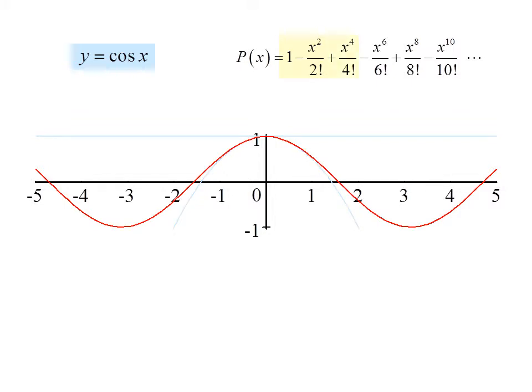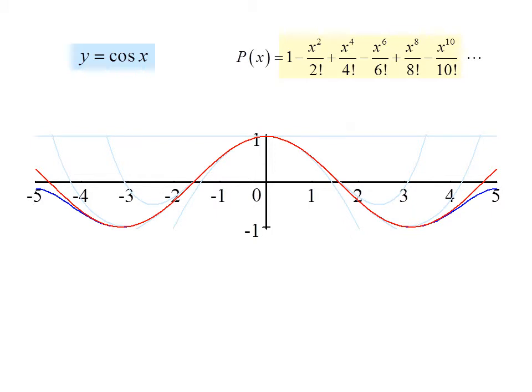If we graph the first three terms, our approximation is a little better. 4 terms is better still. With 5 terms, our approximation matches a little further out. And with 6 terms, it gets even better.